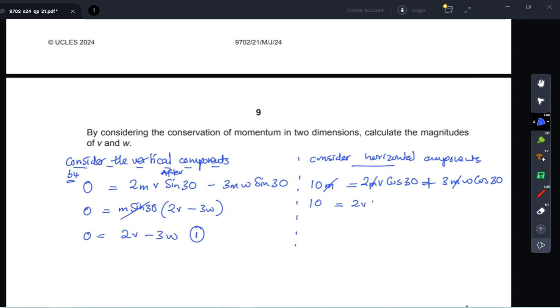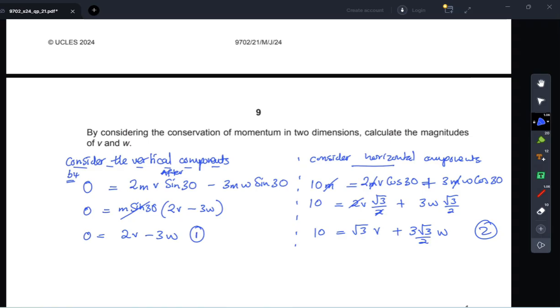So this is 2v times root 3 over 2 plus 3w root 3 over 2. Alright, so we can deal with this nicely. The 2 cancels out, so you have 10 being equal to root 3 v plus 3 root 3 over 2 w.